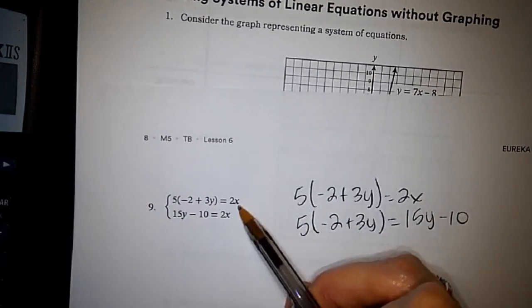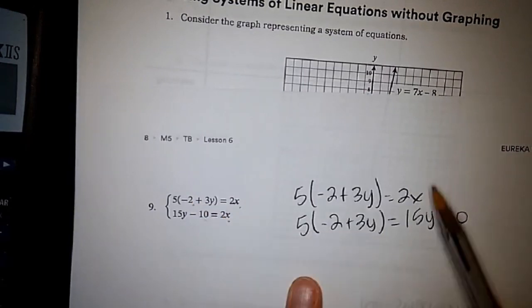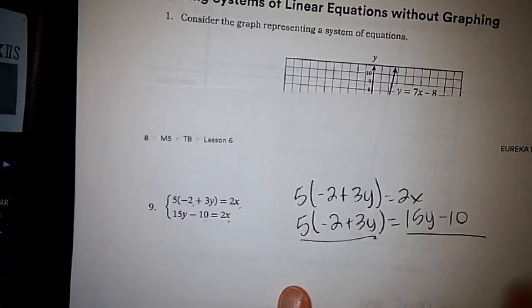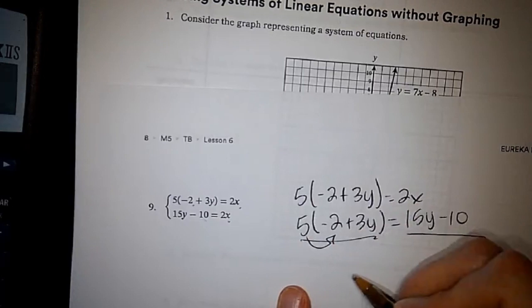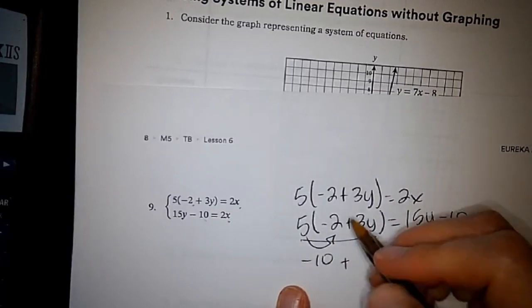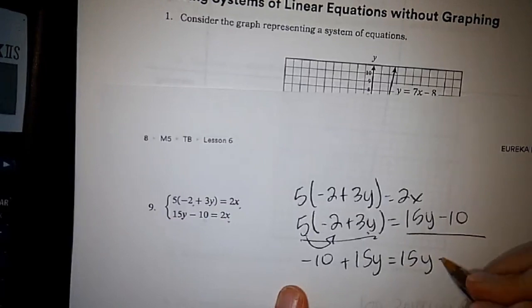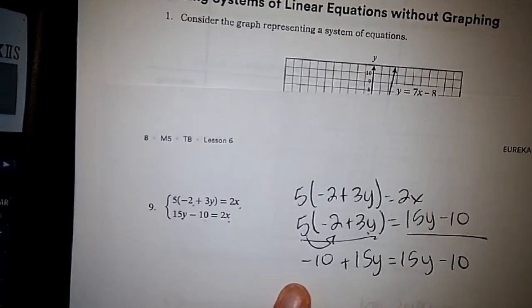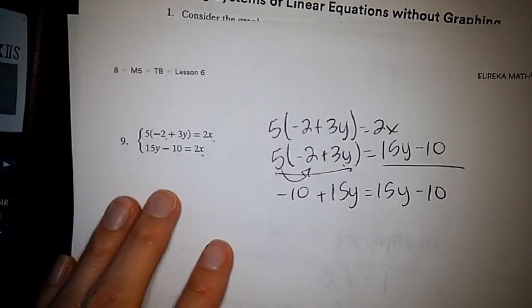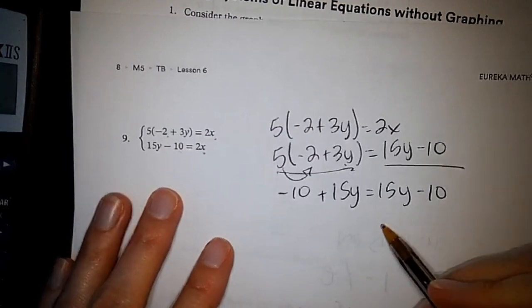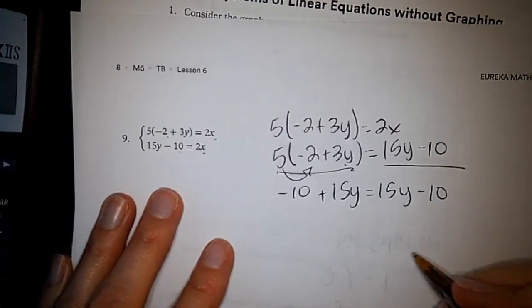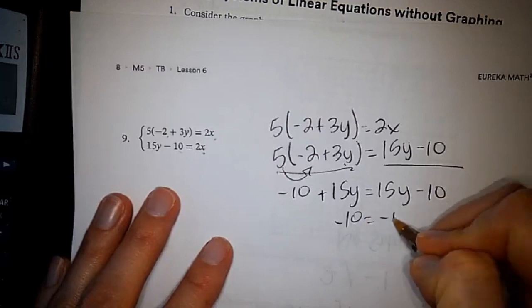So 5 times negative 2 is negative 10, plus 5 times 3y is 15y equals 15y minus 10. What do you know? What do I know? That if we kept doing this problem, what would happen? They're the same. Infinite many solutions. Infinite solutions.